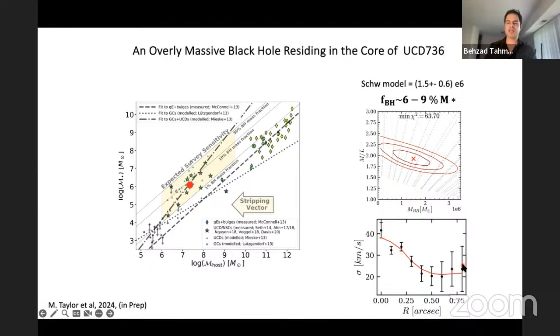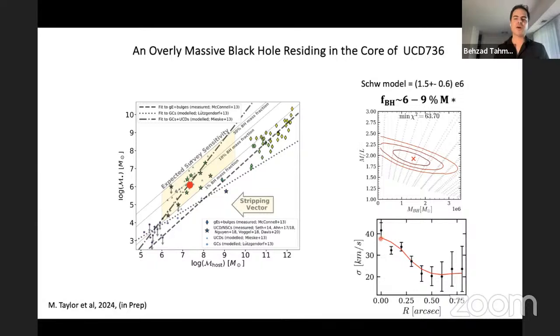And this is the best fit of the velocity dispersion. The black dots are our models, and the red line is the best-fit model. For this plot, unfortunately, I don't have a model with zero black hole mass, but when we have zero black hole mass, this red line would be somewhere around 25 kilometers per second. Only the existence of a black hole can make this red line jump up in the velocity dispersion.